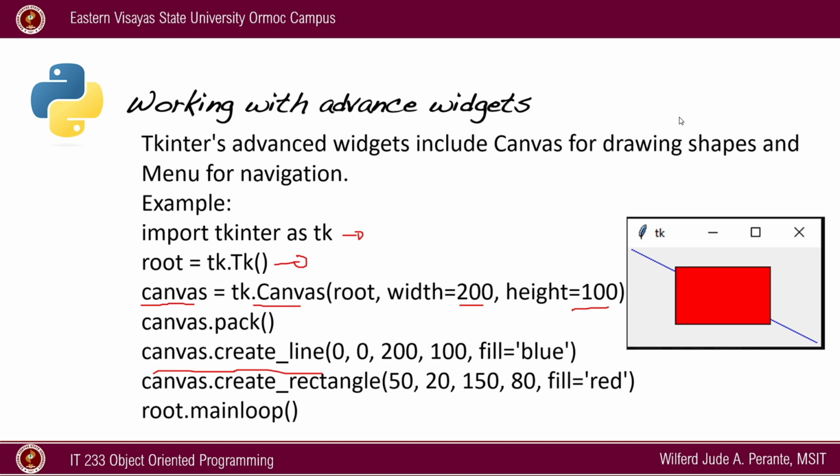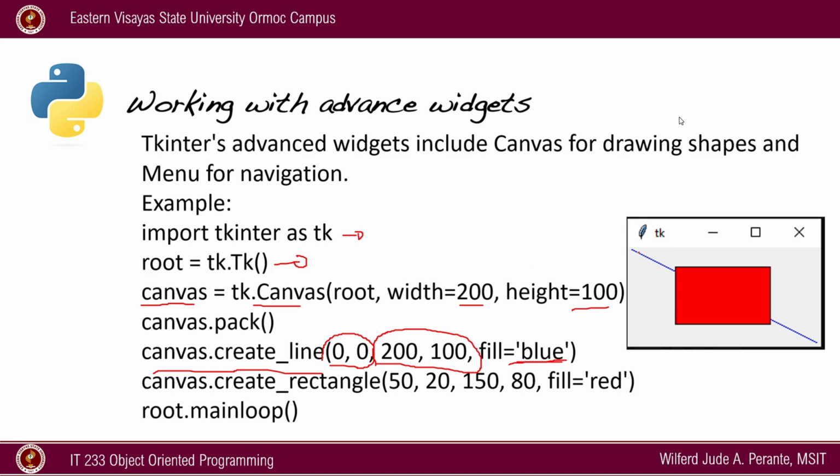We draw a blue line because it's filled with blue, from the coordinates 0, 0 going to 200, 100, and it will fill a blue color.